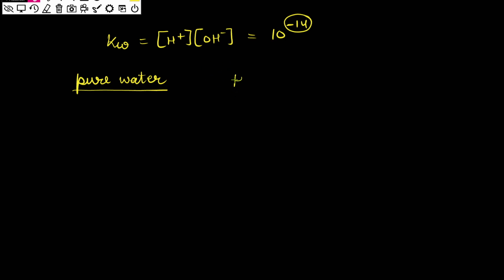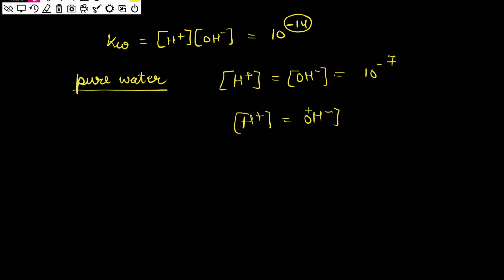At that time the H plus concentration will be equal to the OH minus concentration, and both of them will be 10 to the power minus 7 each. That is, the H plus or OH minus concentration will be simply the root of the ionic product, and this is only applicable for ultra pure water, not in other cases.